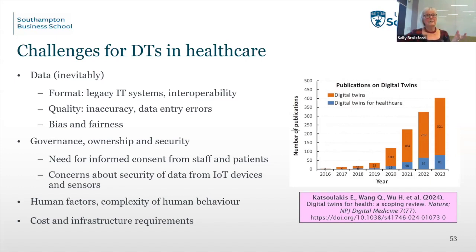But also there are costs involved, and even though there looks to be exponential growth in publications, whether they will ever actually be used in healthcare to that detailed extent, the jury's out.